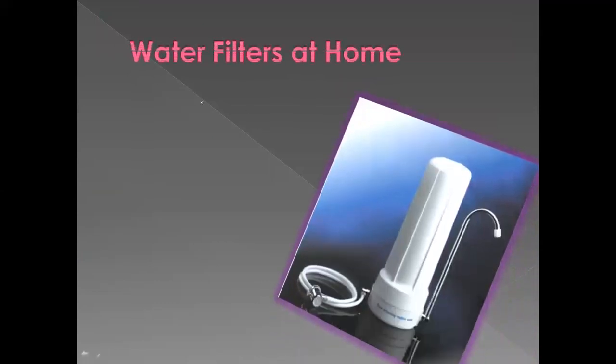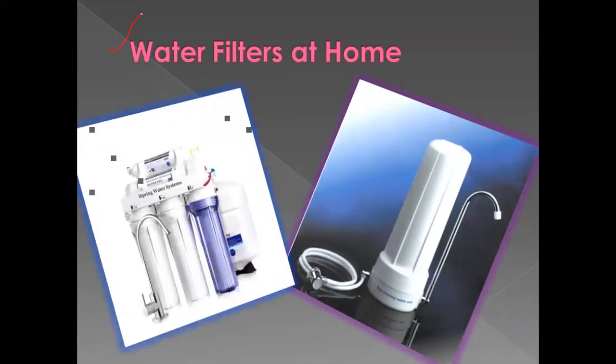The next common example in our daily life is the use of water filters at our home, with the taps in the kitchens, by which you always have clean water available.